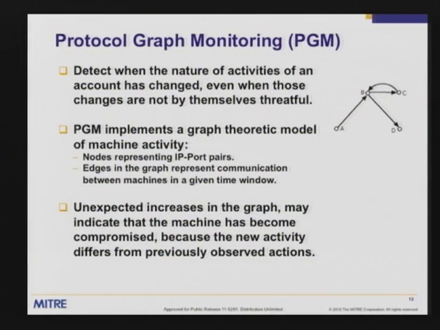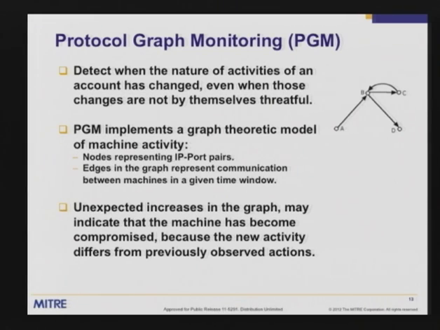So the next thing we started looking at, when we found these clusters being really unstable and weren't able to easily use that as a detection mechanism, was what we referred to as protocol graph monitoring. We found a PhD thesis from Carnegie Mellon about protocol graphs being used across the entire enterprise to detect bad things happening in their network.